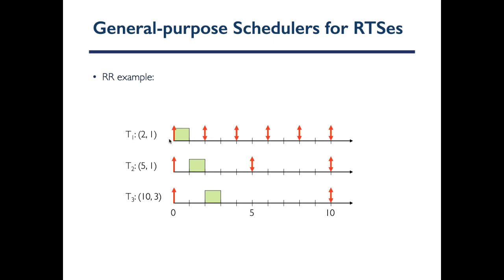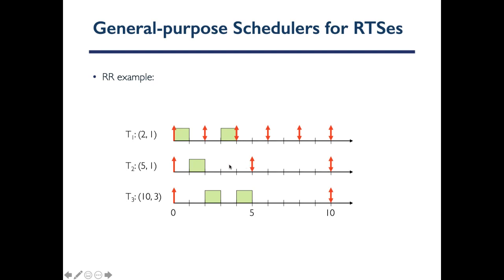Now you have to go up. This task only required 1 unit for this period. Now at this time, a new job has come with execution 1, so I can run that job and meet the deadline, so everything is fine.